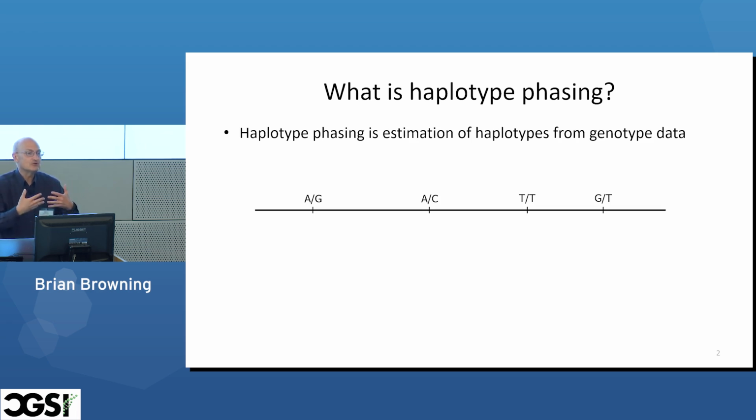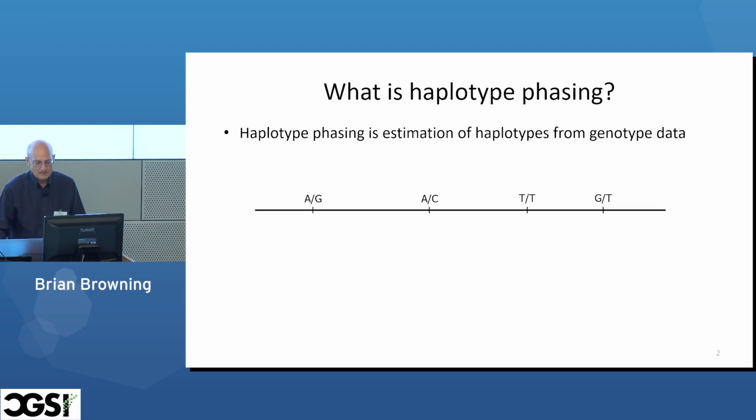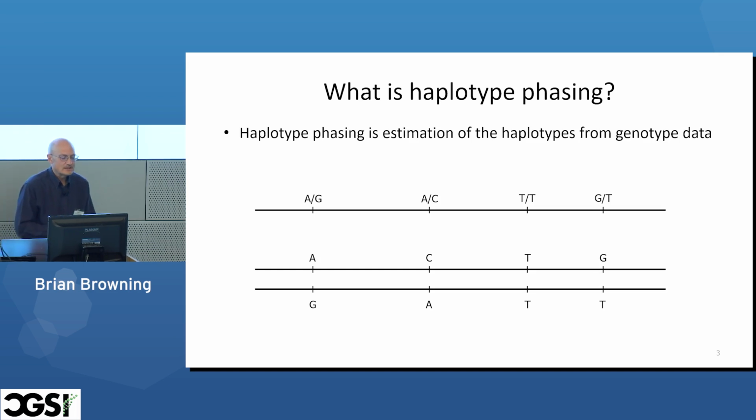We don't normally get that directly from the genotype data, but using statistical methods, we can infer the sequence with high accuracy, if you have a large sample size. So here at each site, you can see you have the same alleles as before, but now we can see the A, C, T, and G we infer was inherited from one parent and the G, A, T, T sequence from the other.